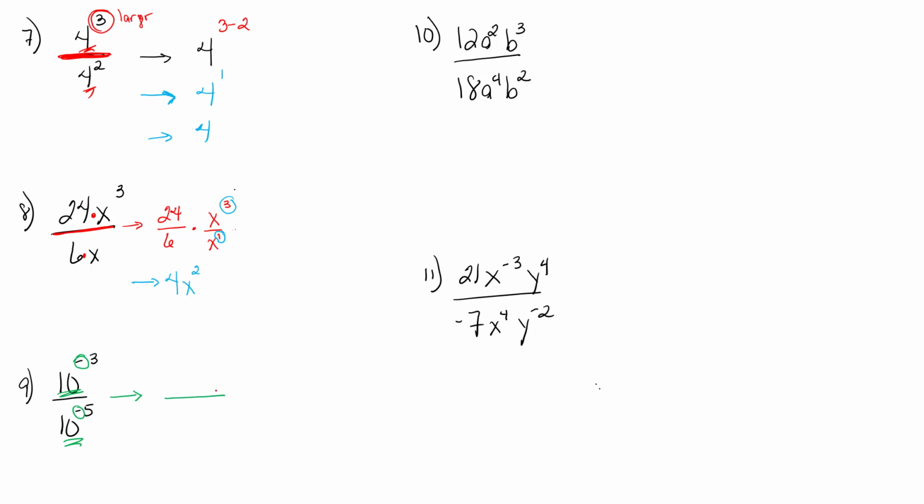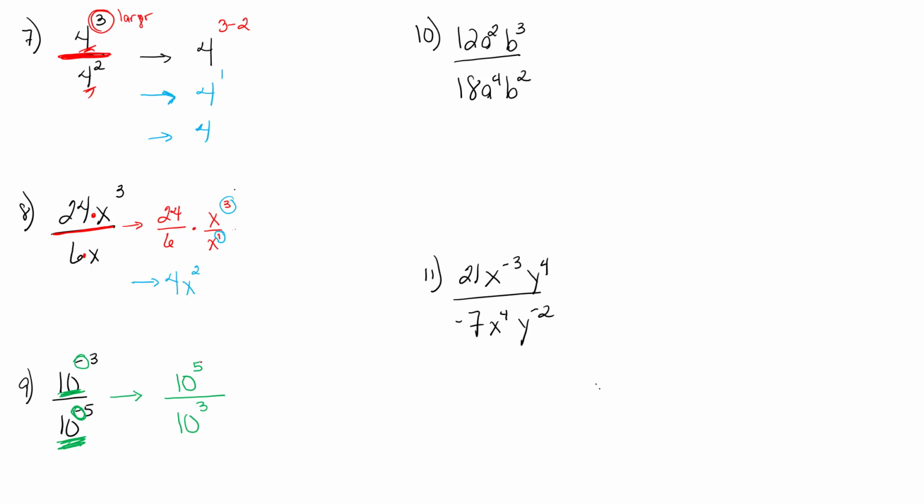So that negative 3 on the top tells me that this base of 10 doesn't belong on the top, it belongs on the bottom. And when I move it, its exponent goes positive. In the denominator, this base of 10 having a negative exponent, that negative exponent tells me it doesn't belong on the bottom. That 10 belongs on the top with a positive 5 now.